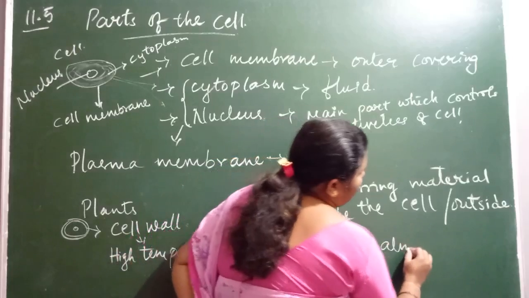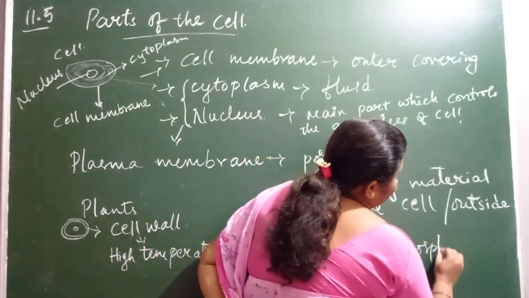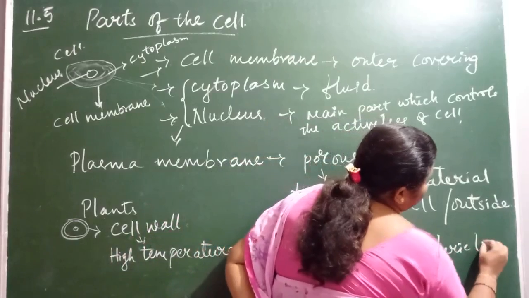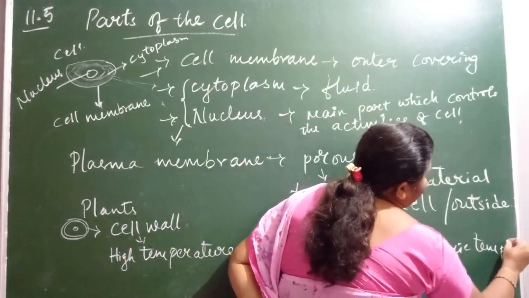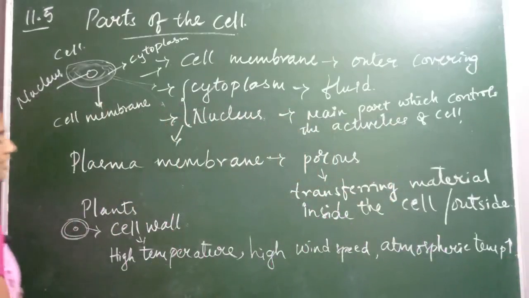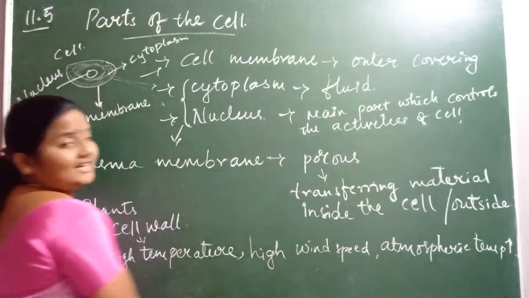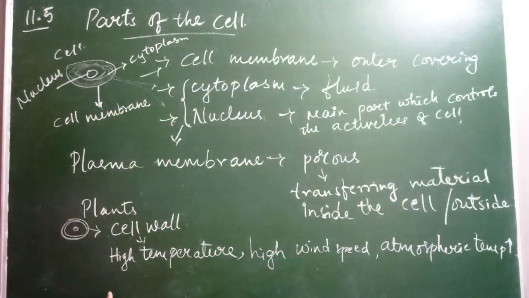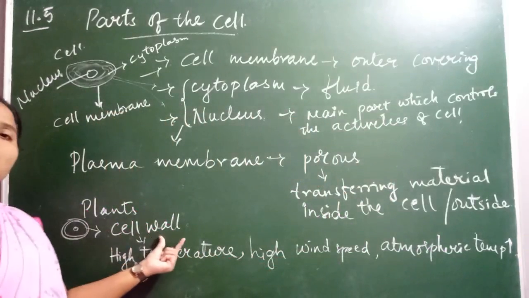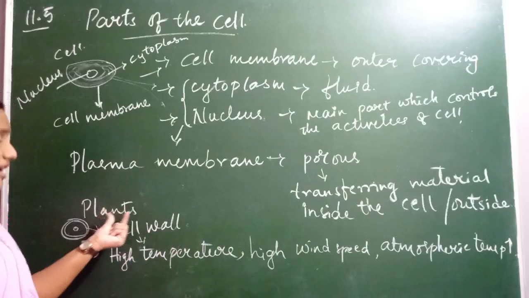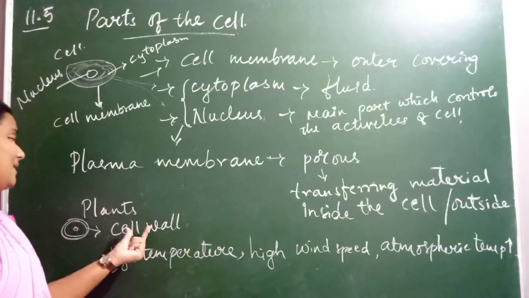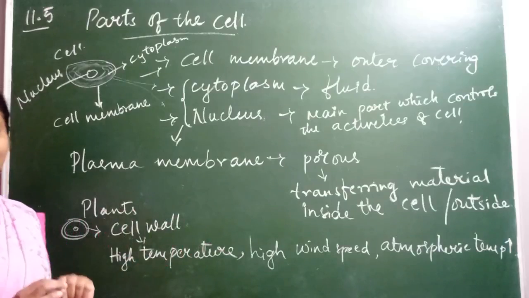And also what? By atmospheric temperature, etc. Isn't it, children? Means these are all what? Climatical conditions. For different climatical conditions, the cells or cell organelles of the plant were protected once again by what? Cell wall. Isn't it, children?